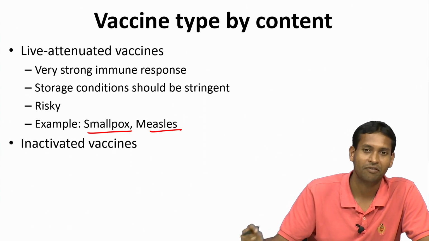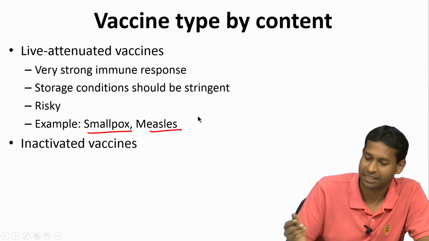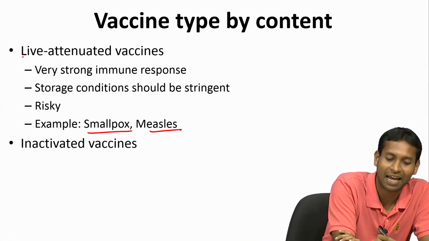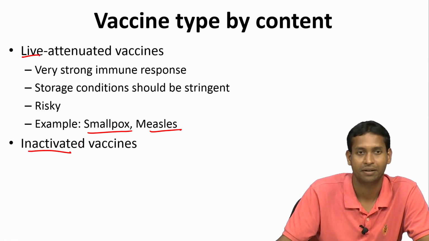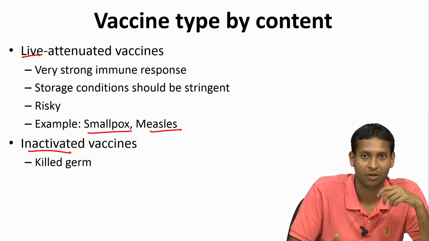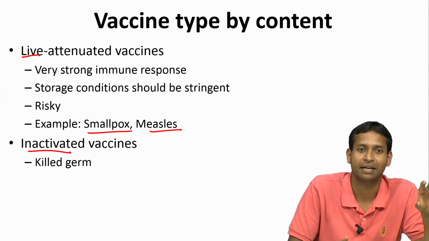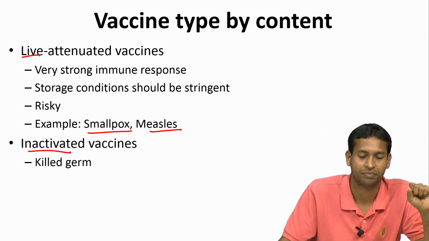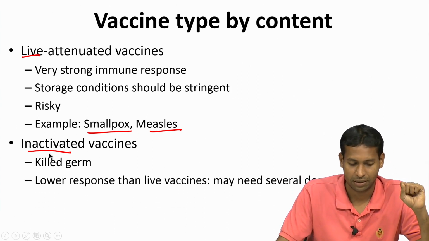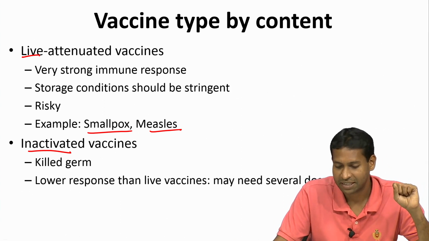The other example is an inactivated vaccine. As the name suggests, in this case it is not alive anymore, it is inactivated, which means that you have either killed the germs, or heated them to such an extent that they have all died, or treated them with certain agents so that they cannot come back alive. Of course, they produce a lower response than the live vaccines.